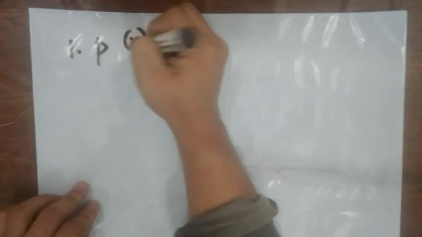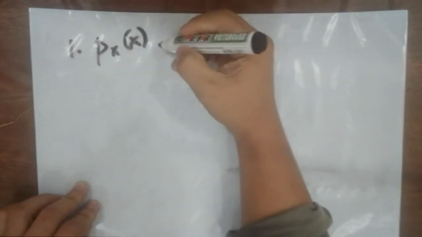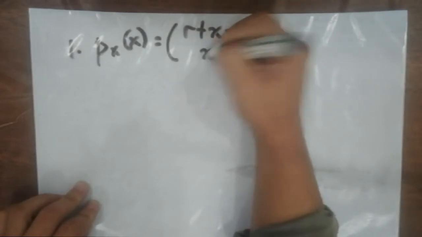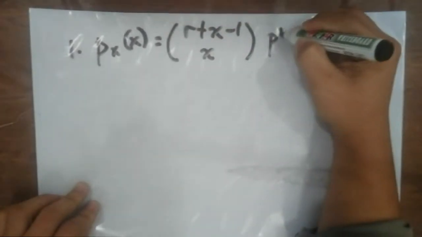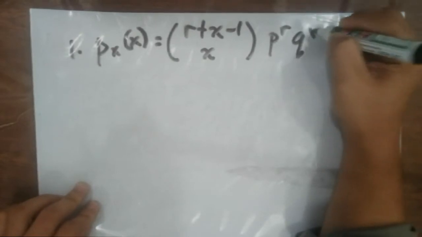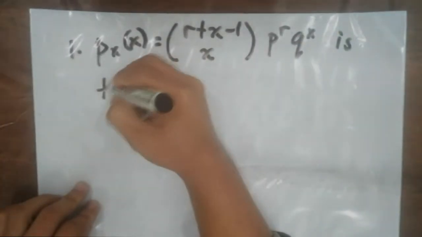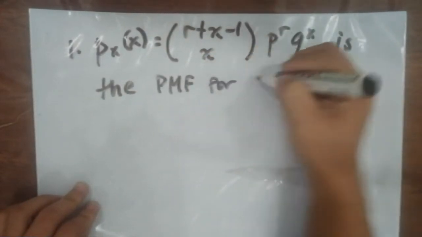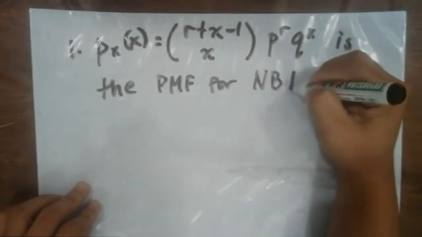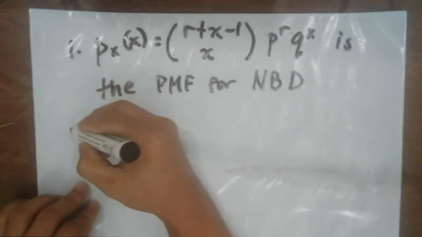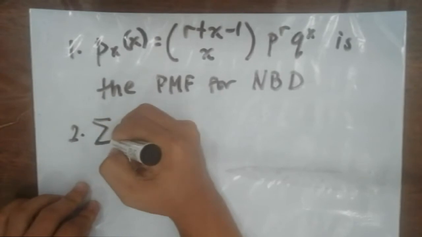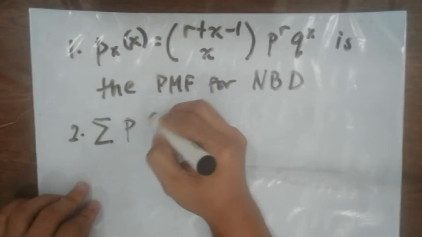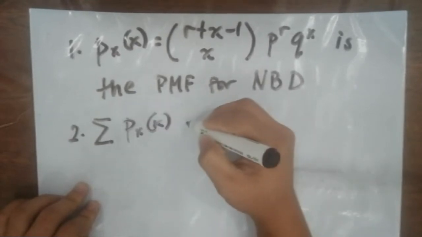P of X given x is equal to the combination of r plus x minus 1 taken x times p raised to r times q raised to x is the PMF for negative binomial distribution. Number 2, the summation of P of X given x is equal to 1.